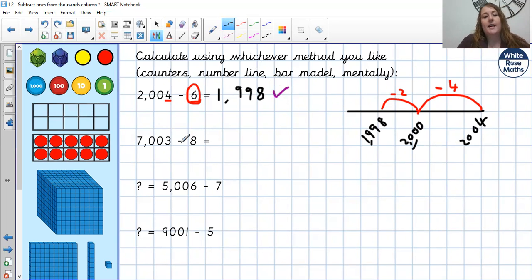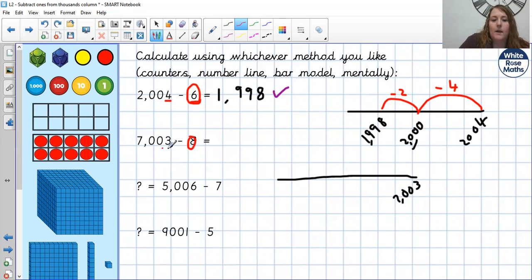Okay, next question, 7,003 take away 8. I'm going to do this just over here a bit so I've got enough room with a wonky line. 7,003 to start with on the right hand side of my number line, and I need to take away 8 in total, but I'm going to start by taking away that 3. So small jump of 3 to start with, and I know that 7,003 take away 3 is 7,000. Okay, I then need to work out what else I need to subtract to still get to my 8. 4, 5, 6, 7, 8.